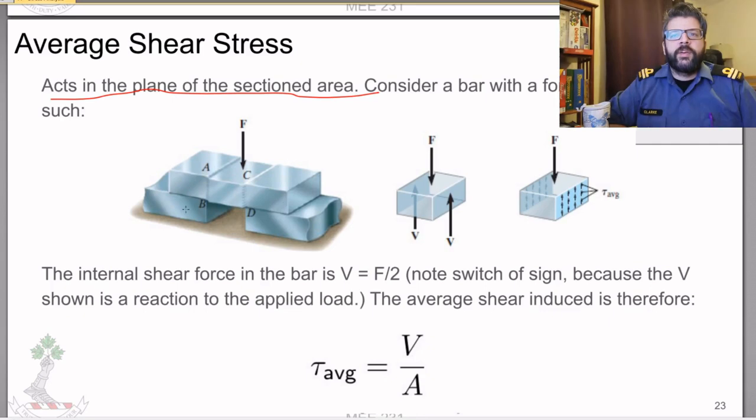So if we look at a setup like this, where we've got this bar sitting on two other bars, and we're applying a load in the center, and we take some cross-sectional cuts and do a little bit of equilibrium analysis, we're going to have the force there, and it needs to have an internal load on either side of that, an internal shear whose magnitude, in this loading situation, is going to need to be F divided by 2.